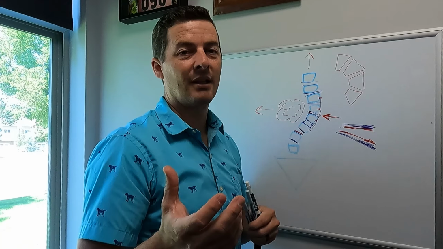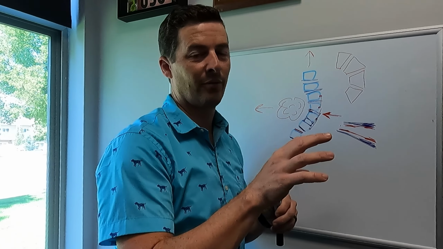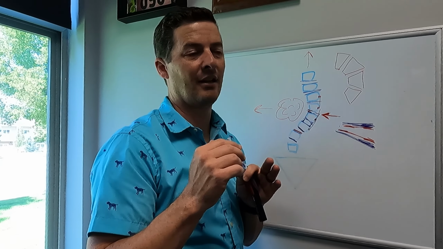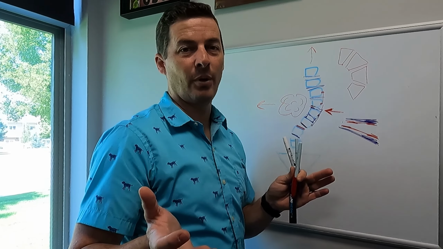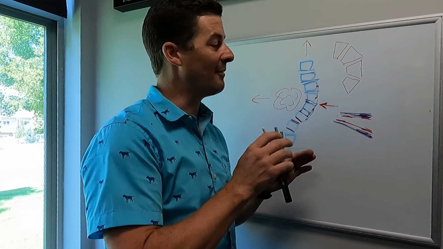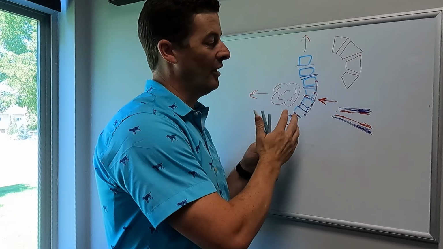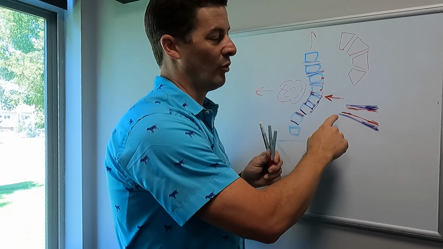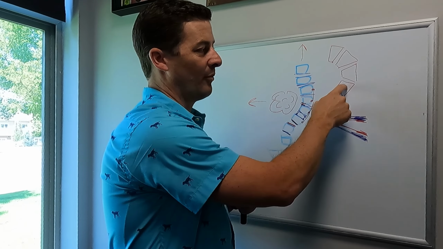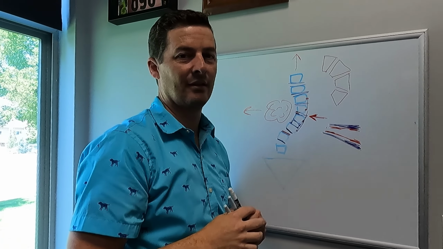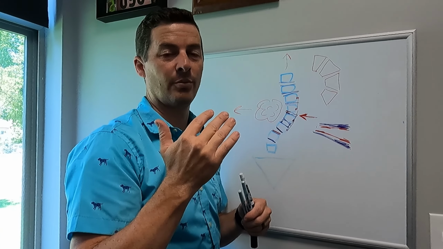When you're doing Schroth Method exercises, it's not just about doing them for a few minutes and then forgetting about your postural corrections. It's about trying to maintain as much as we can so that those end plates grow more even, and so we don't get more wedging of the vertebrae and we get a more symmetrical spine.